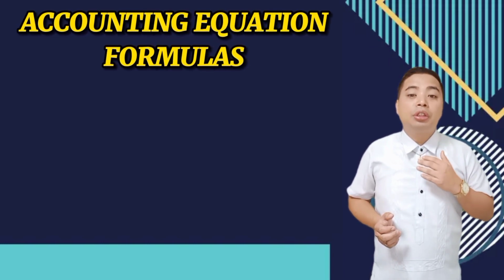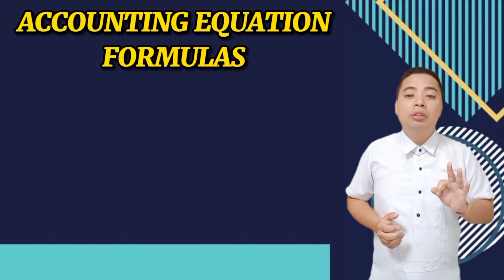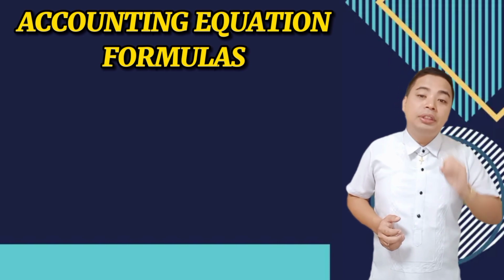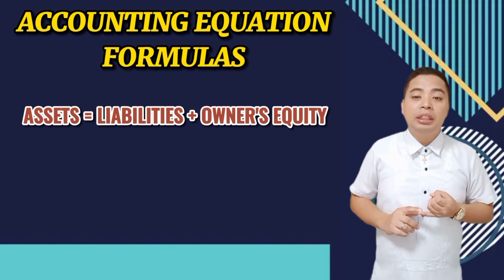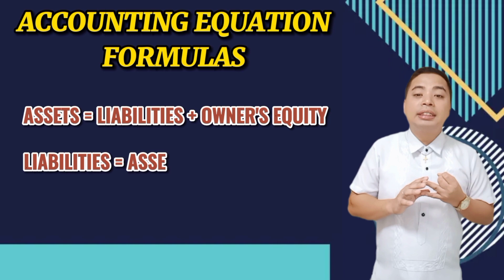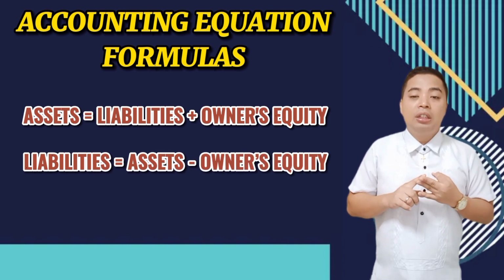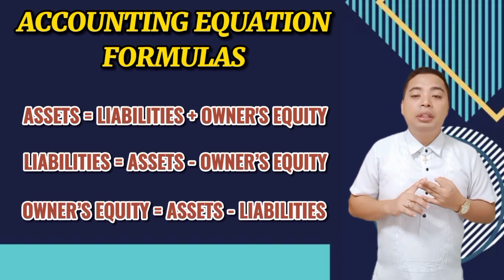So, if we have accounting key points, we also use different accounting equation formulas. In accounting equation, we have three formulas. First, the standard formula, which is assets equals liabilities plus owner's equity. Then, we have the formula liabilities equals assets minus owner's equity. And lastly, owner's equity equals assets minus liabilities.